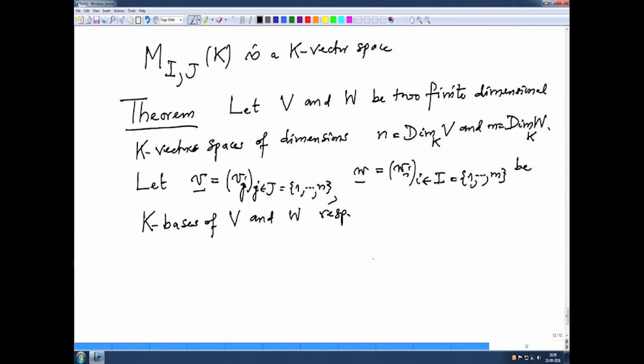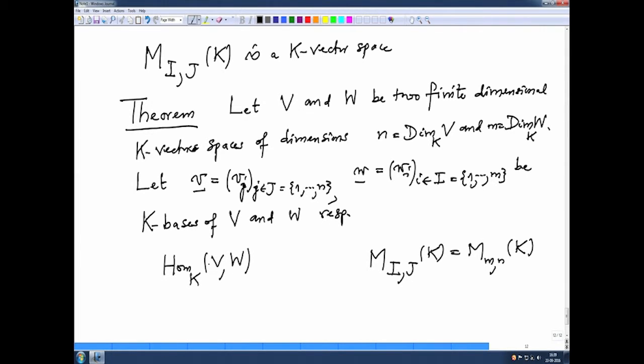And we have these matrices M I J k. This is actually m cross n matrices, M m n k. This is a vector space we just noted. And on the other hand, we have these k linear maps from V to W, Hom_k(V, W).